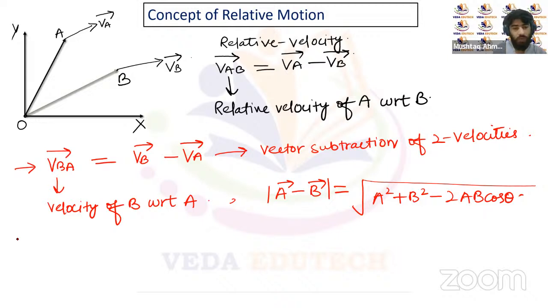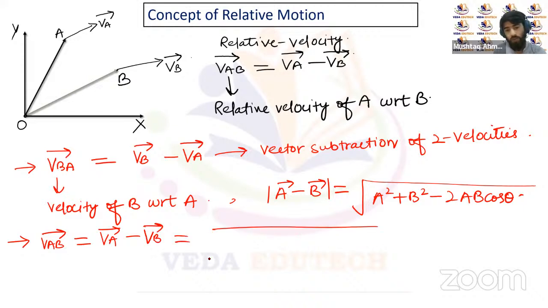Similarly, if we have to calculate VAB, it will be equal to VA minus VB, which will be equal to under root of VA square plus VB square minus twice VA VB cos theta.